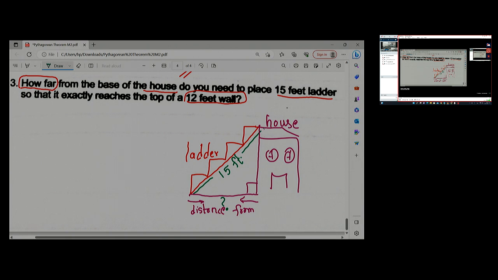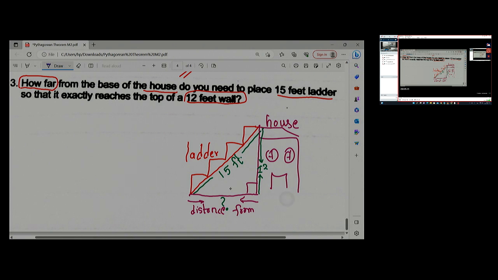So what is given, the length of the top of the wall where the ladder touches? How tall is this? How high is the wall? 12. Yes, this is 12. It makes a right triangle again. Yes? Do you understand question? Okay. If you understand question, then let us make ABC.